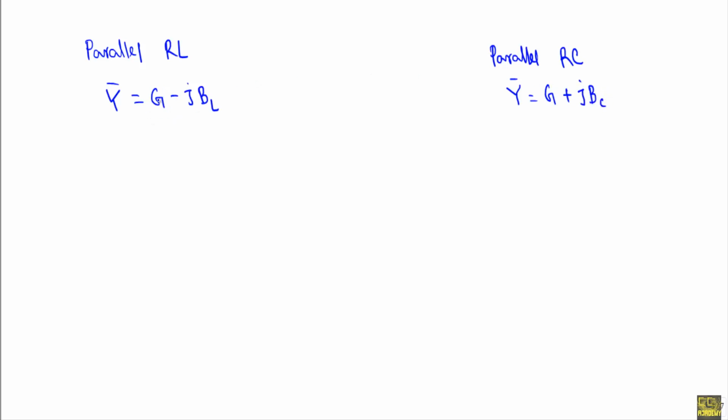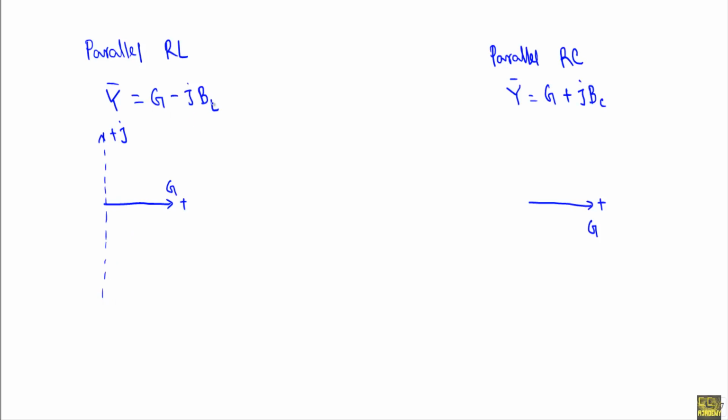We usually draw the conductance G in the direction of the plus x-axis, so this will be our G. Here similarly G will be in this direction. This is the imaginary axis, this is plus j, this is minus j.